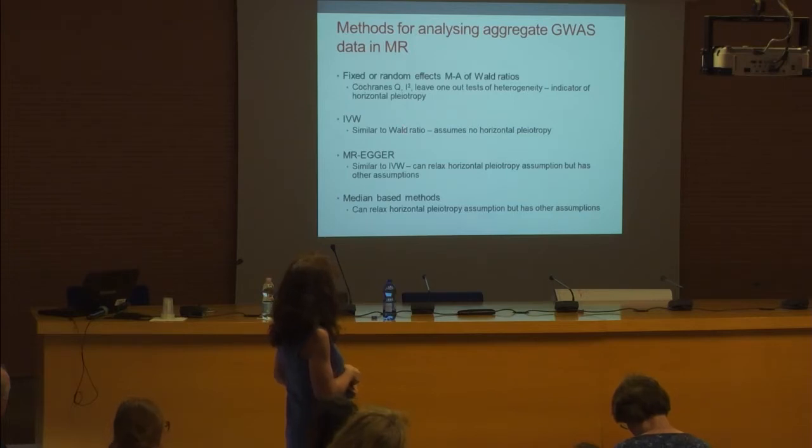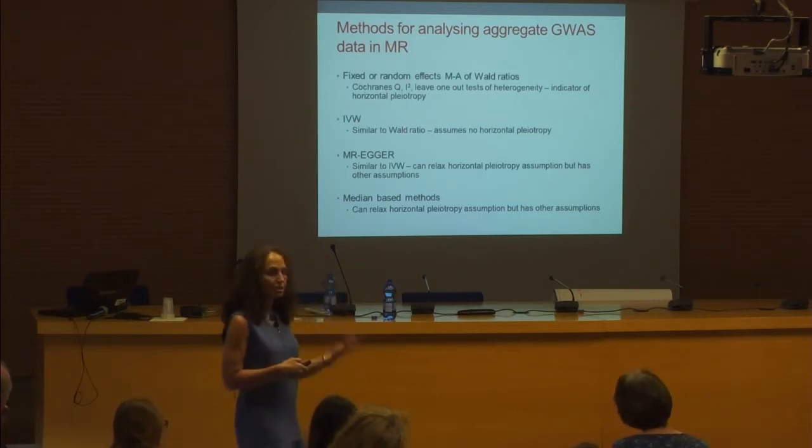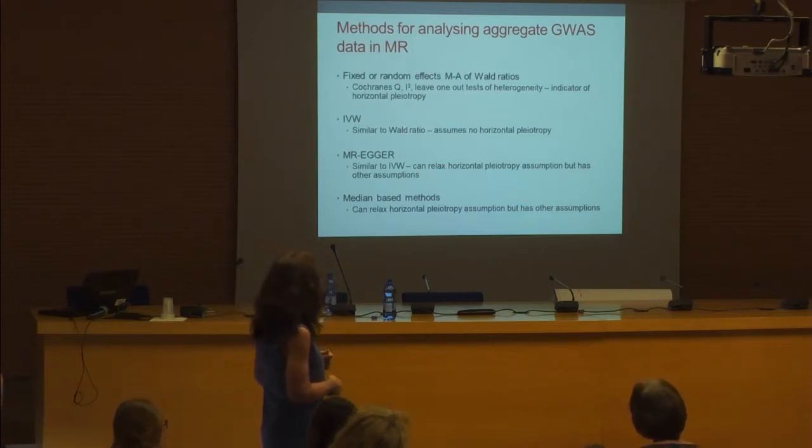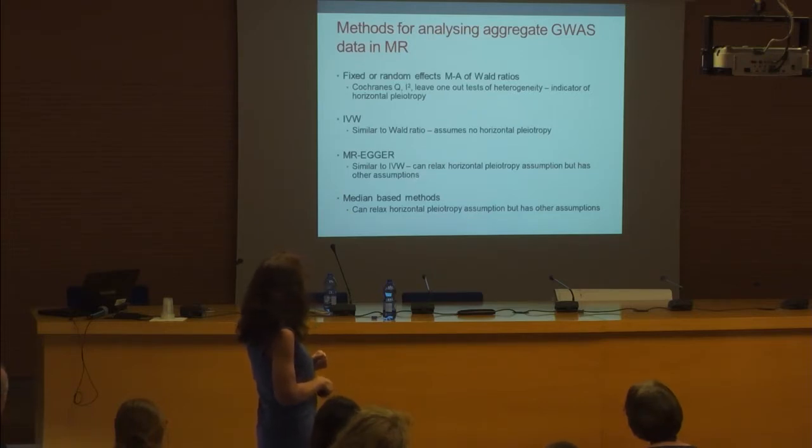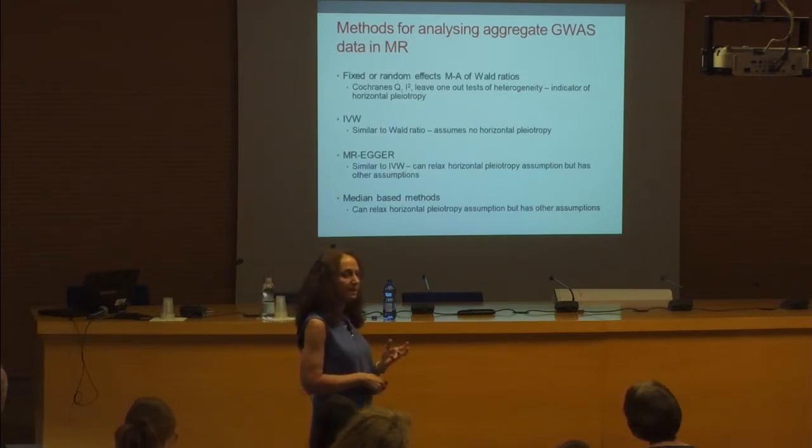You can do an inverse variance weighted meta-analysis, and I'll show you an example of what that is in a second. That approach assumes that there's no horizontal pleiotropy, so they assume that the last criterion is not violated. And then there are these newer methods, particularly MR-Egger, which has a very clear relationship to inverse variance weighting.